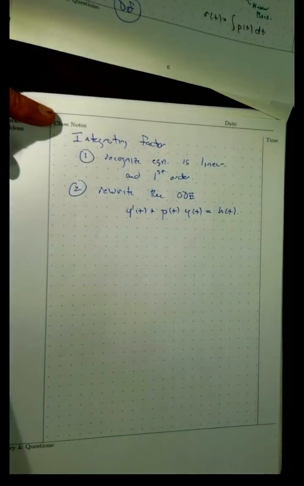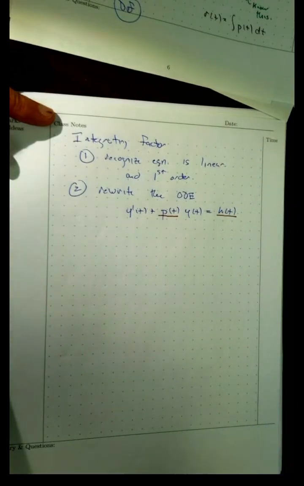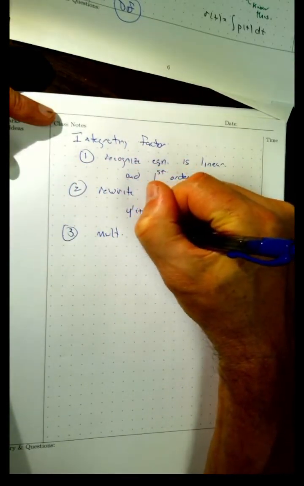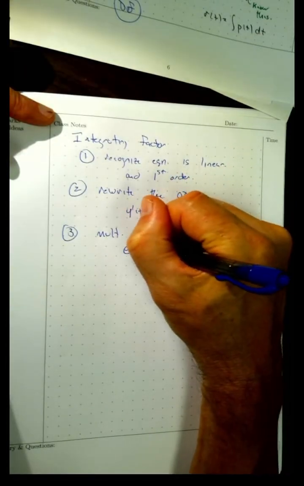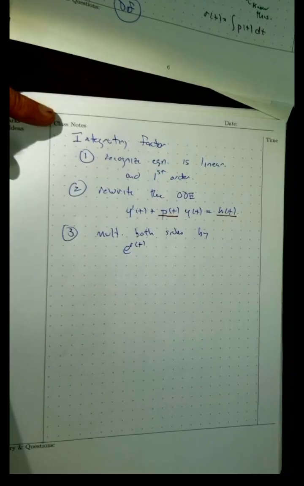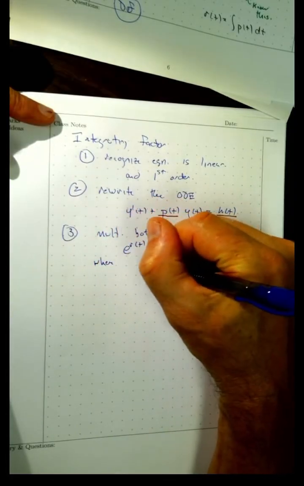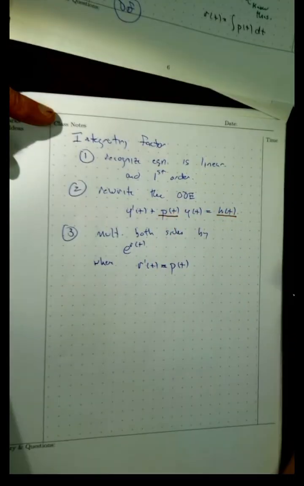And again, the assumption is I know p of t and I know h of t. I can't change those. But I can multiply both sides by any function e to the r of t, and it's going to be okay. And if my r prime is equal to p of t, just defining that, right, then life is good.